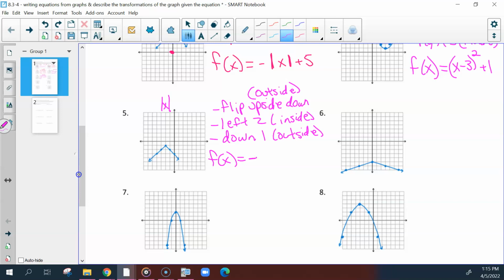Left 2, it would be plus 2, but inside, not parentheses, since it's absolute value, but inside the absolute value bars. And down 1, how would we write that? Minus 1, outside of the absolute value bars. Questions on that one before we continue?